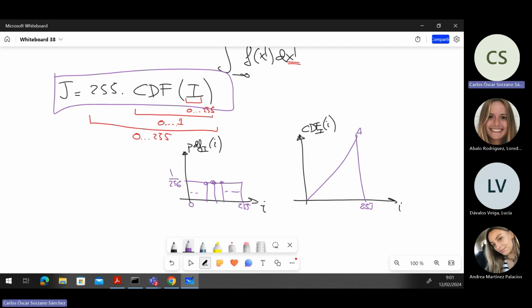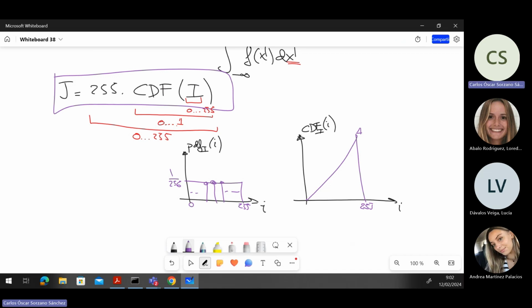So if my input is uniform, my CDF will be a ramp, an identity transformation, and then there is no transformation. So this is a transformation under which uniformity goes unchanged.